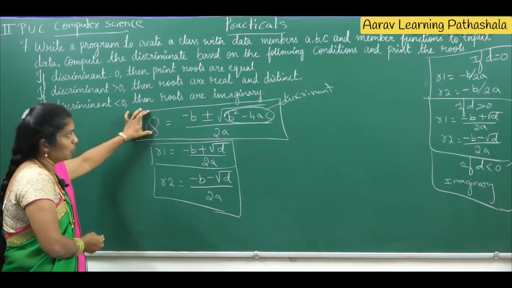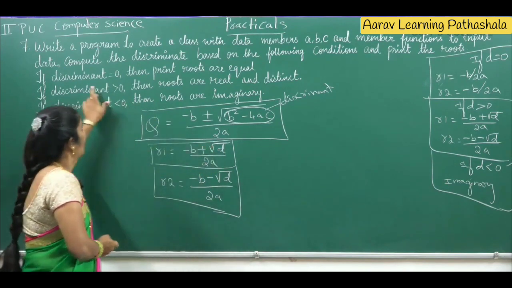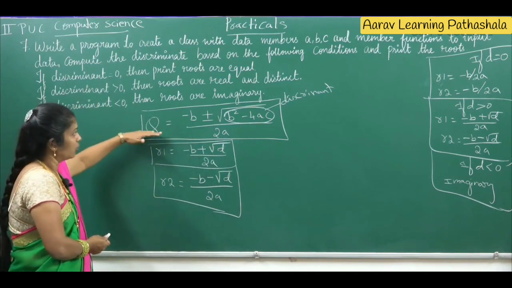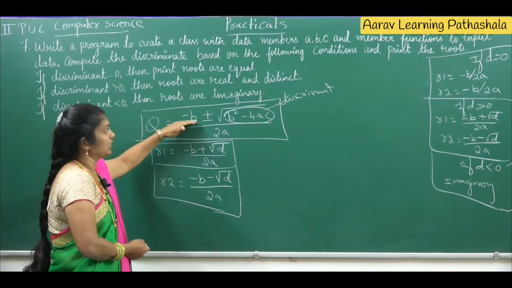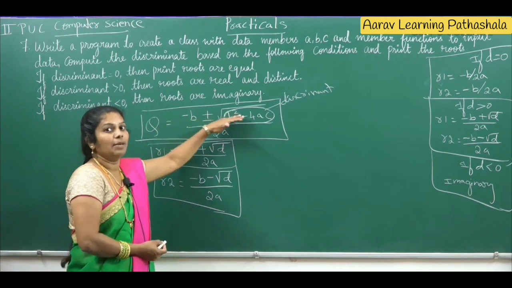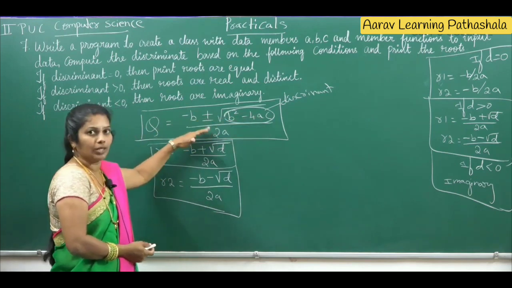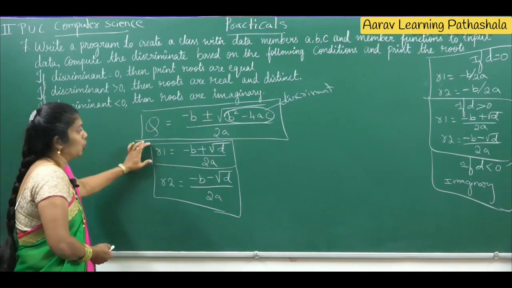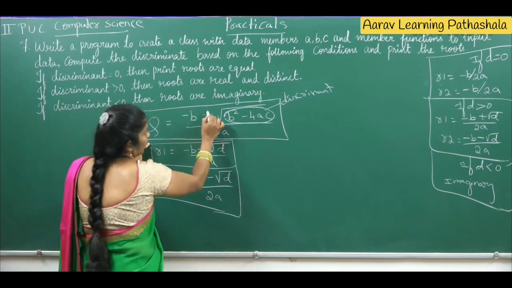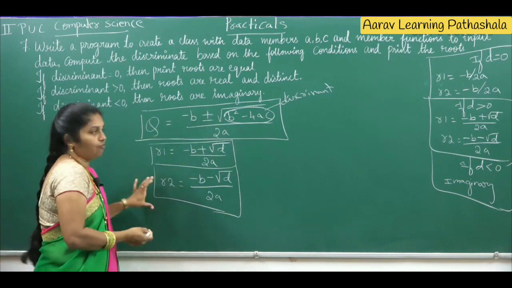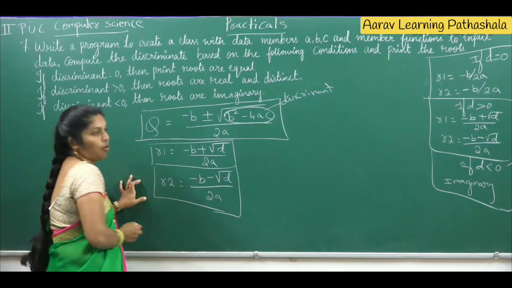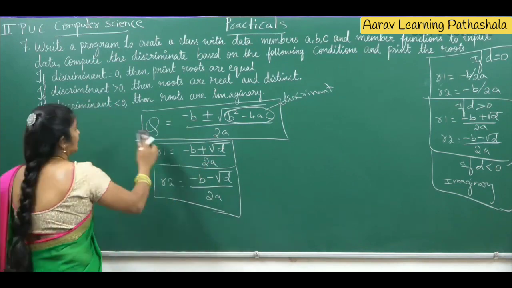Depending upon the quadratic equation and the discriminant, you have to find the roots. Once again, the quadratic equation represents minus B plus or minus square root of B square minus 4AC divided by 2A. For the root 1 formula I write the plus operator, for root 2 I write the negative operator. Now is it clear?